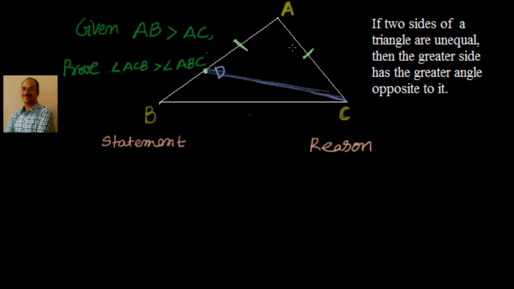Now we know that triangle ACD is an isosceles triangle. So the next step is to work with the angles. Once the sides are equal, we know very clearly that this angle is equal to this angle. That means angle ACD is equal to angle ADC.